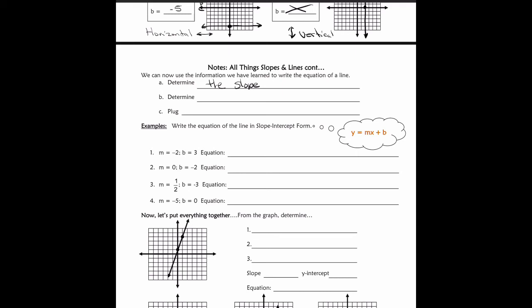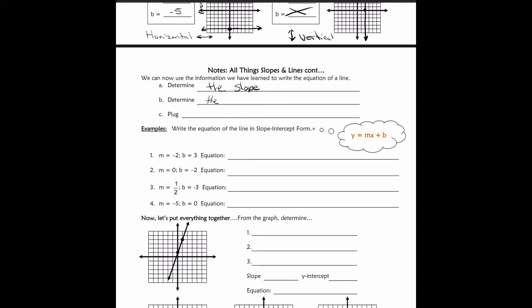Then we're going to determine the y-intercept. So we're finding m and b. Once I have that information, I'm going to plug it into the formula or equation, slope-intercept form, y equals mx plus b.